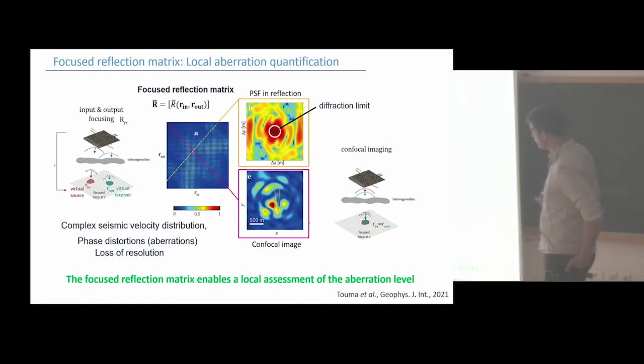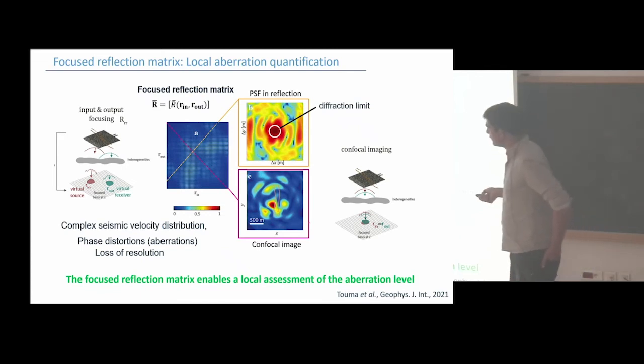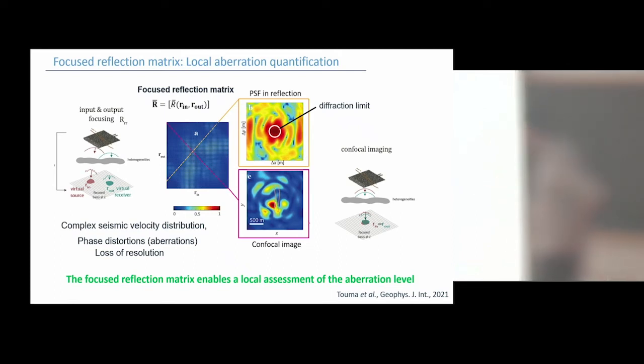This confocal image corresponds to this situation. You focus seismic waves at one position and collect seismic waves coming from the same point. But you cannot be confident in this image because you have a lot of energy outside the diagonal, and this energy is due to the bad focusing process that you have in depth. If you look at one anti-diagonal of this reflection matrix, it gives you the local PSF.